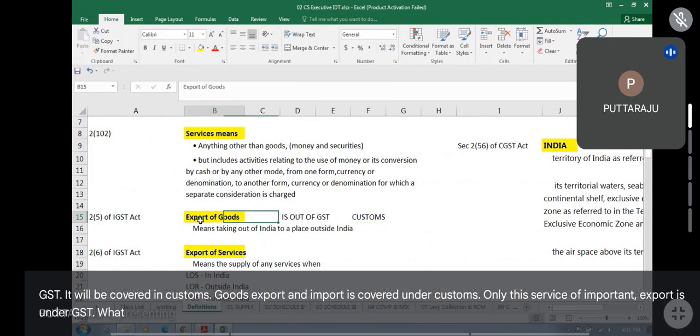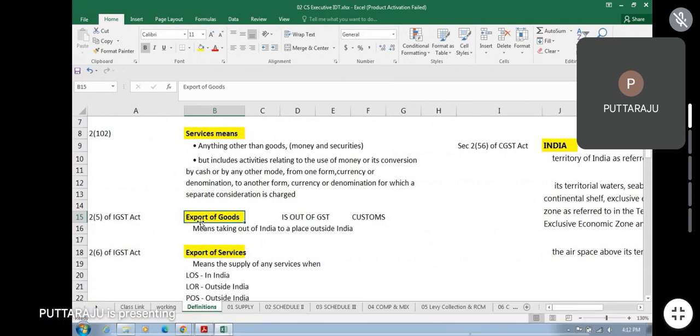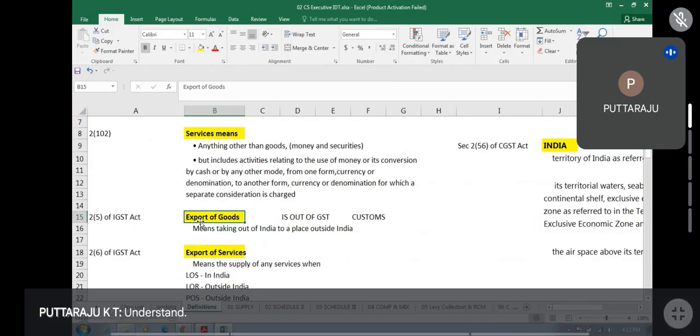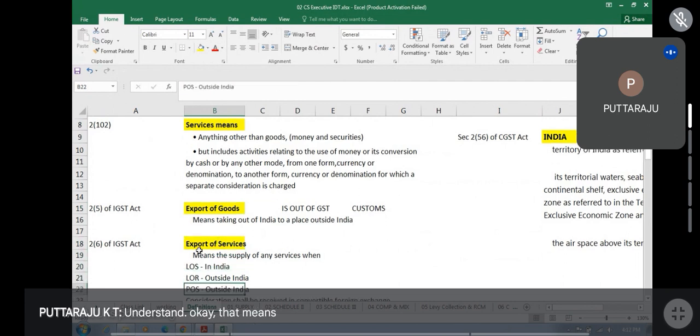Export of goods and import of goods is under customs. Understood? Okay.